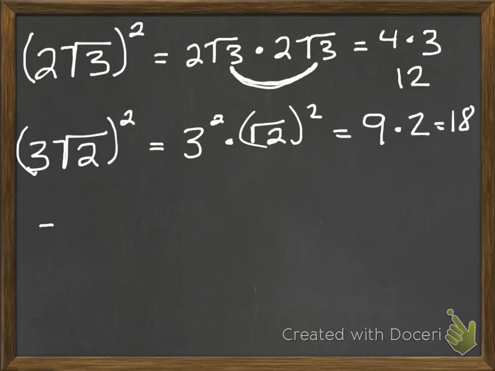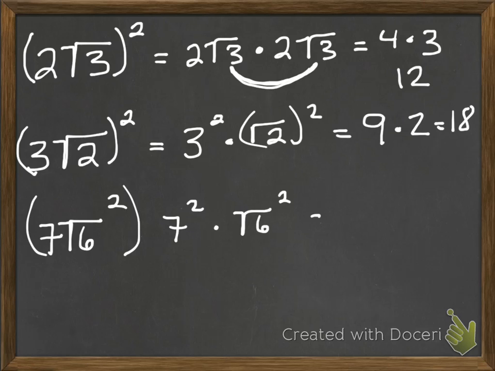Okay, let's say we've got 7 times the square root of 6, squared. All right, so that basically means 7 squared times the square root of 6 squared. So 7 squared is 49, and the square root of 6 squared is 6. And I gave myself a big number, so 49 times 6 is 294.